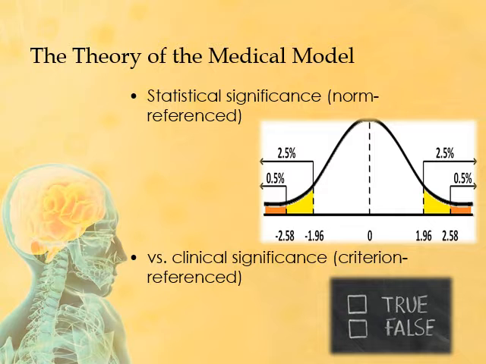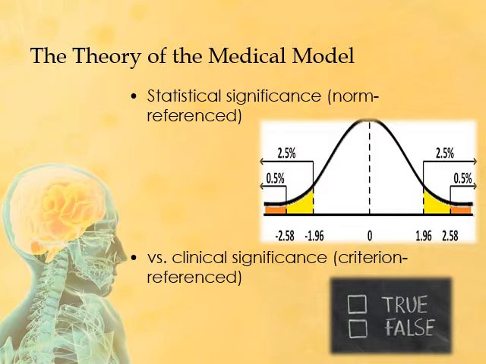The reason that we do that is because we look for that magic 5% of people who are above, only 5% of people score a certain way above or below the norm group or the sample group. And so we want people to be in that 5% range in order to determine what's called statistical significance. This is a norm-referenced version of assessment whereby we are comparing a person's scores with population norms. Clinical significance is different.